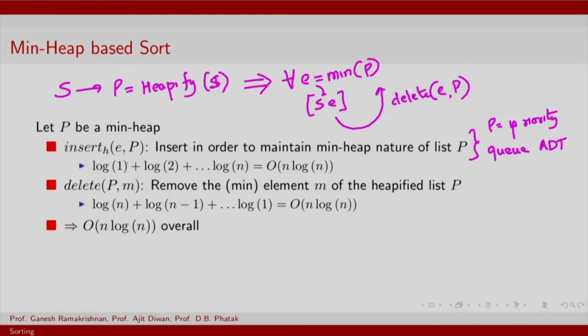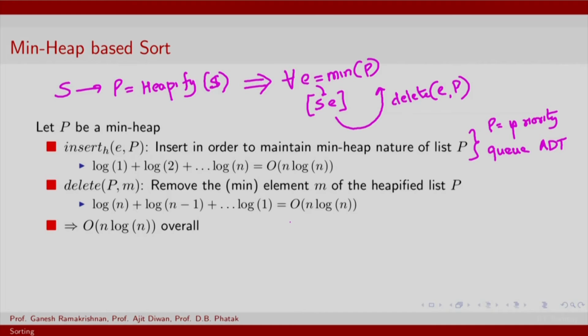So initially the tree is very small, so you traverse a tree of size 1, log 1, and then you have 2 elements, log 2, and so on up to log n, and this is order n log n. Similarly you delete element E from P. This you do by removing that min element and pushing it into the sequence S. This is order n when you remove the first element, and then it is log n minus 1 and so on. Again eventually it is order of n log n. So order n log n overall.